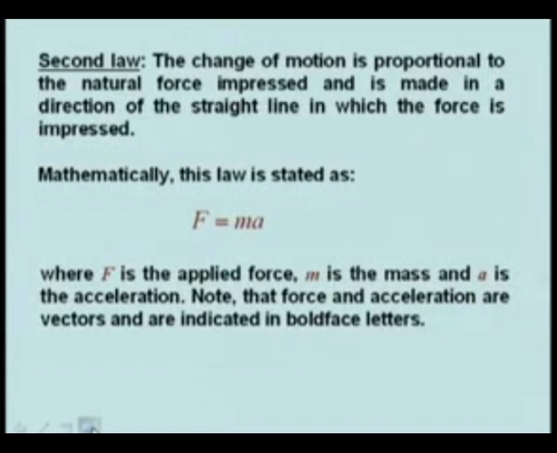Mathematically, this law is stated as F equals m times A. I put an arrow here to show that F and A are vectors, whereas mass is a scalar. F is the applied external force on the body, m is the mass and A is the acceleration.